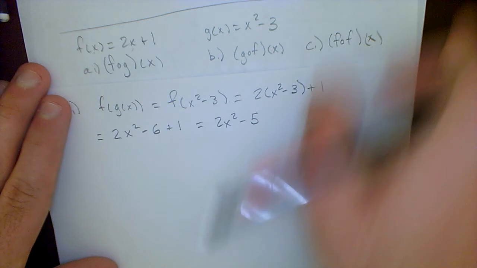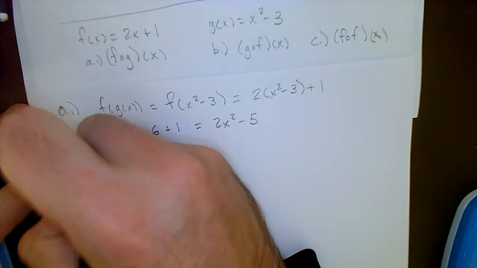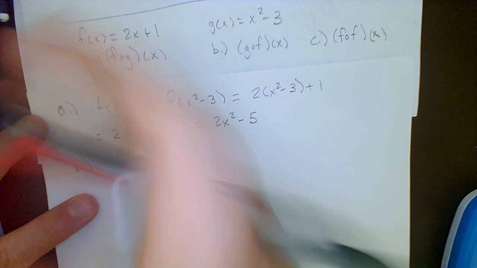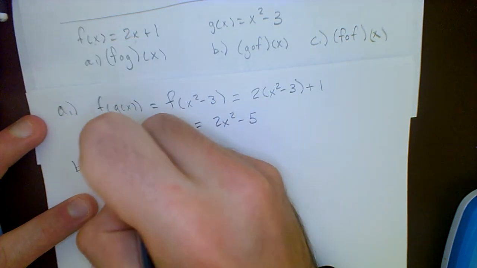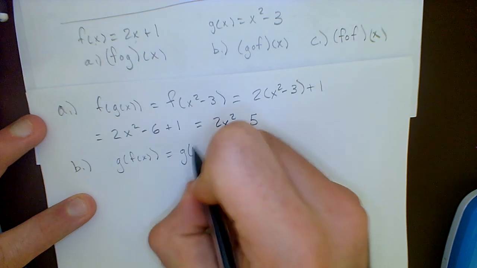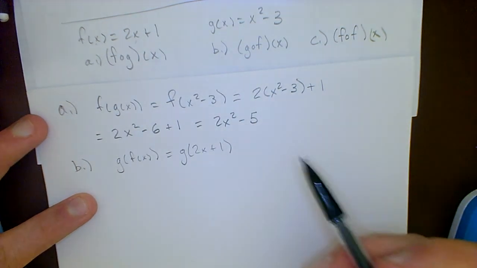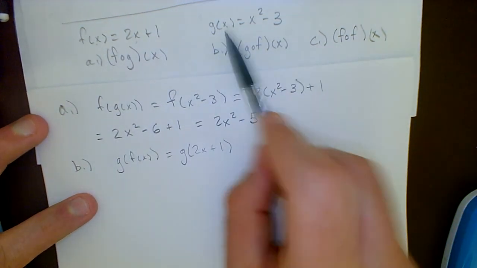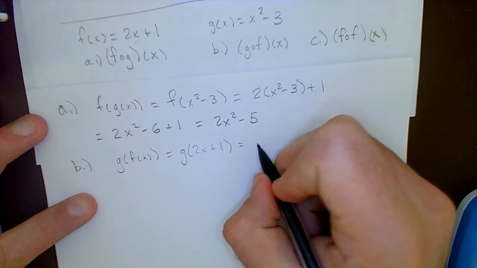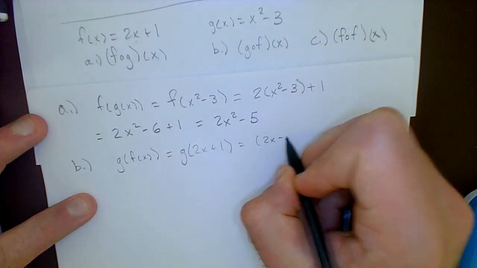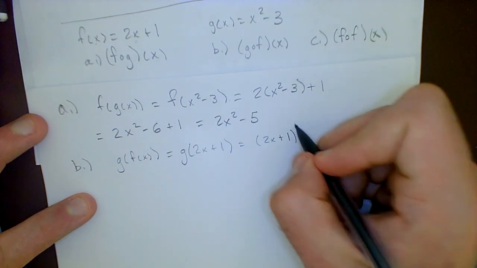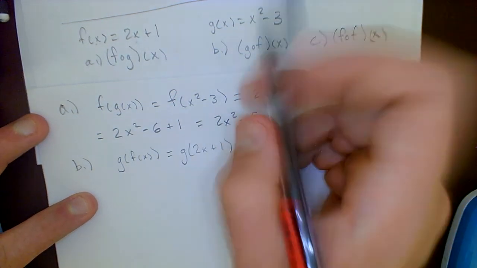If we move on to part B, we want to do g of f of x, which is equal to g of 2x plus 1. Here, the input is x, and I get x squared minus 3. So now if I'm inputting 2x minus 1, I'm sorry, I said input 2x minus 1, I meant 2x plus 1. So I put 2x plus 1 where the input goes here.